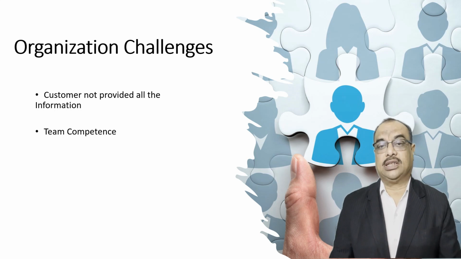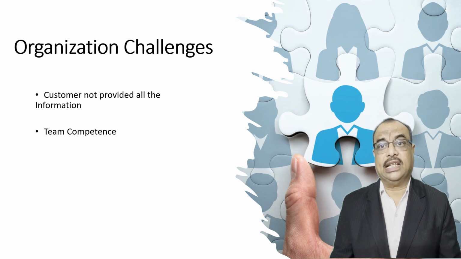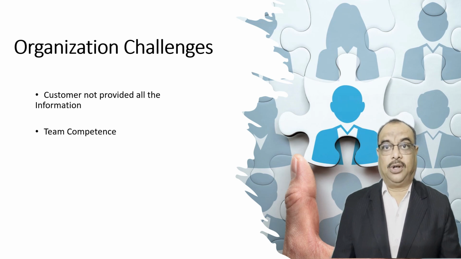Marketing has to capture all this requirement, but marketing doesn't have any relation with the product performance. So it is important that we clearly define who will take all the information from the customer. This is also one of the problems, the challenges the organization is facing with respect to that.